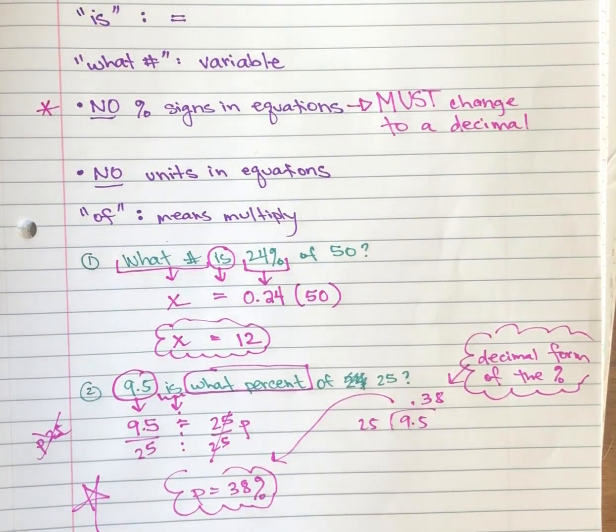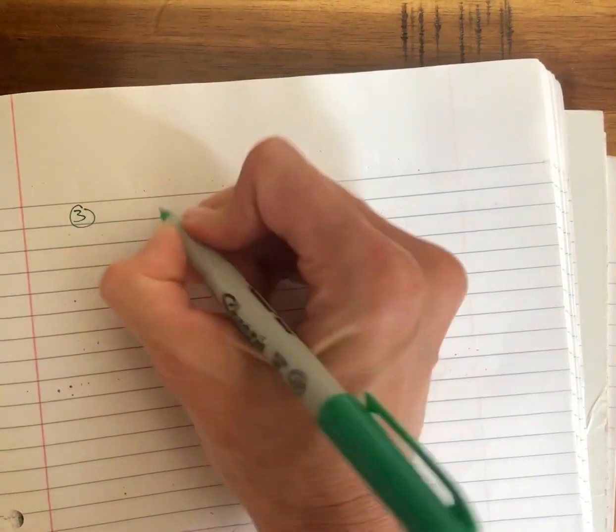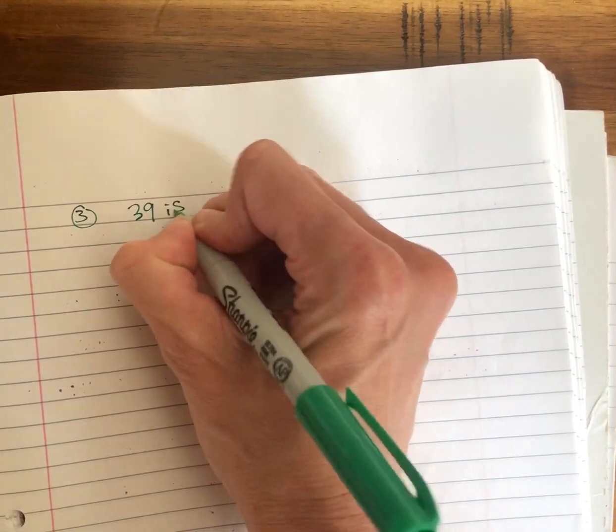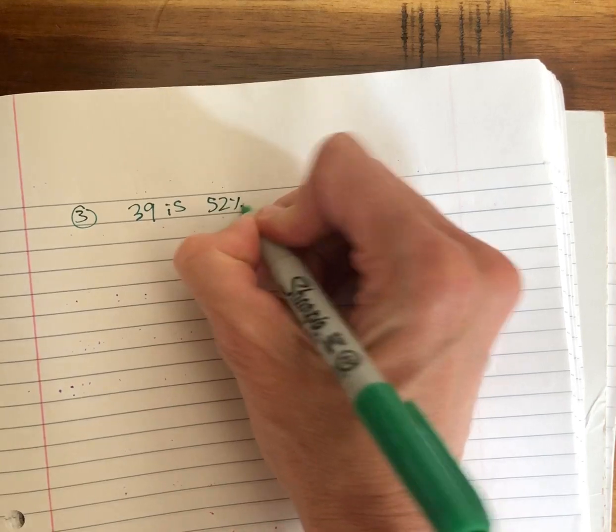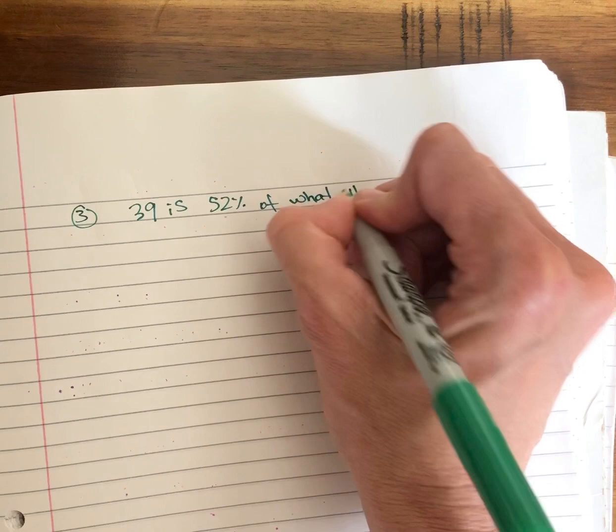All right, let's try, I don't know, one or two more. Number 3. $39 is 52% of what number?